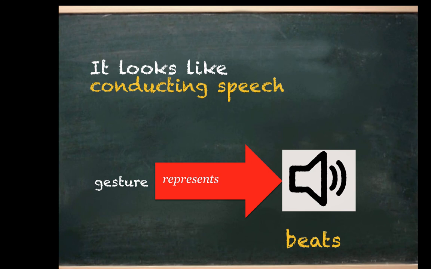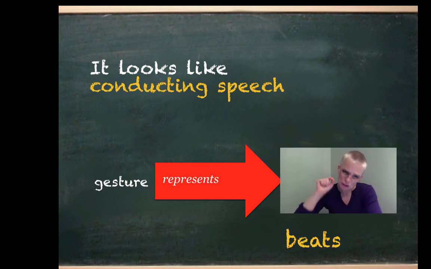The gesture doesn't represent so much the meaning, but instead it goes along with the sound. In this way, it parallels stress and intonation in spoken language. When you add your beats, you just move your hands in the rhythm of this intonation. That's why it looks like you're conducting speech.